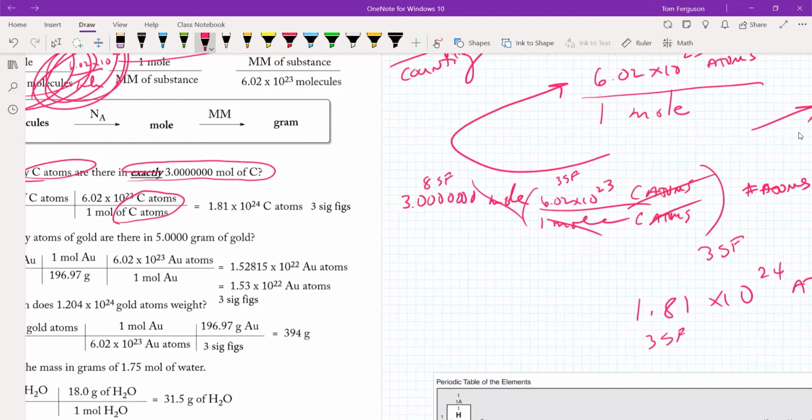Yeah, notice those cancel as well. We have a mole of carbon atoms here. We have carbon atoms canceling, leaves us with 602 times 10 to the 23rd times 3 total atoms.